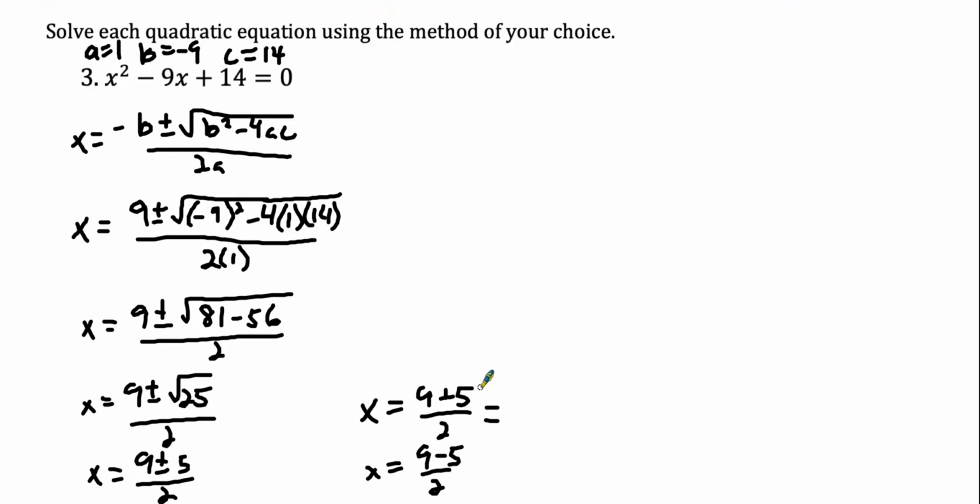So for this first answer, 9 plus 5 is 14, and 14 divided by 2 is 7. For my second answer, 9 minus 5 is 4, and 4 divided by 2 is 2. So I get two nice answers here, 7 and 2. So at this step, if this is a perfect square, we want to keep going and simplify until we get to here.